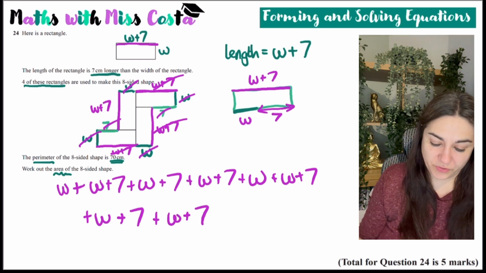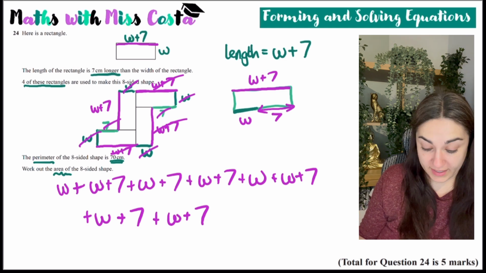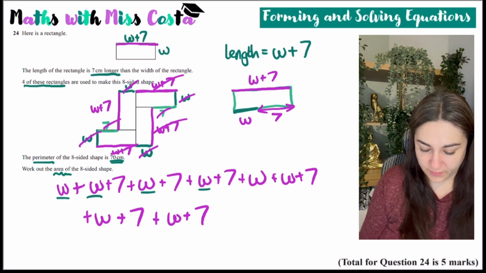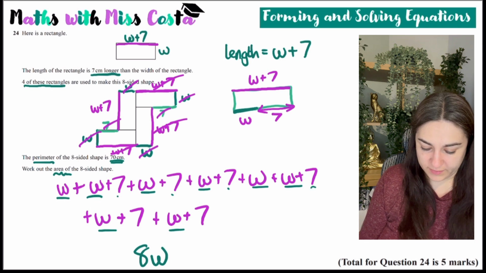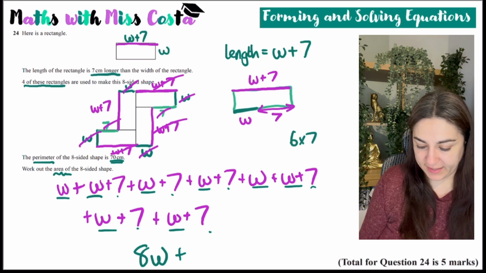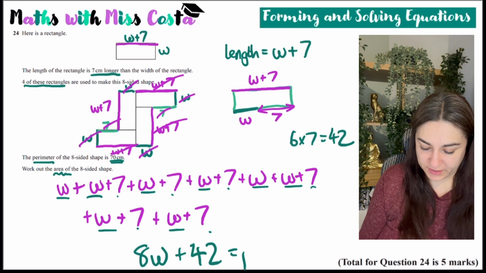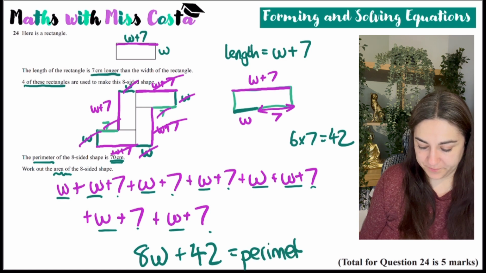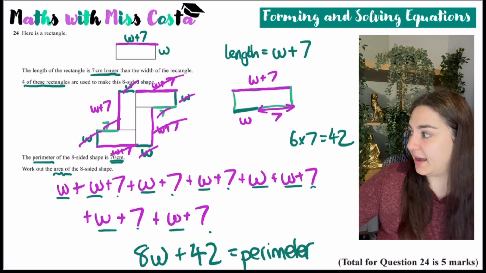So then I just want to simplify that, bring all of my letters together. So I've got 1, 2, 3, 4, 5, 6, 7, 8 lots of w, and I've got 1, 2, 3, 4, 5, 6 lots of 7. 6 times 7 is 42. So 8w plus 42 is my perimeter. So I've worked that out.